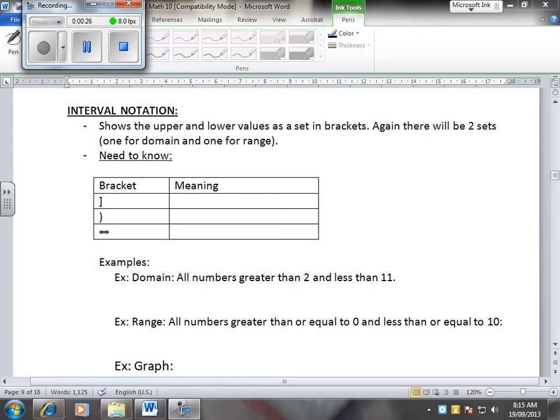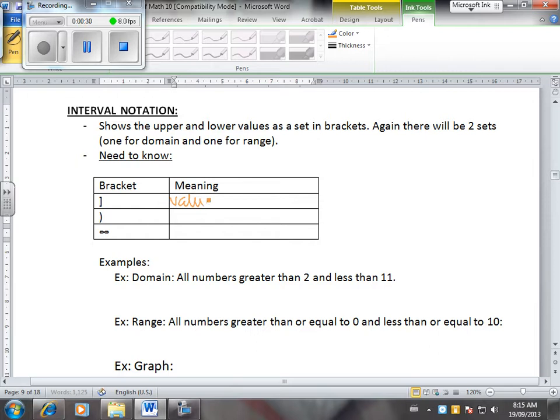And remember that the square means that the value is included. And if you drew that in a dot, you'd have a solid dot, and your inequality would be one of those ones. Now, this one is the value is not included, which means you'd have a hollow dot and one of these inequalities. Okay, so that's interval notation.